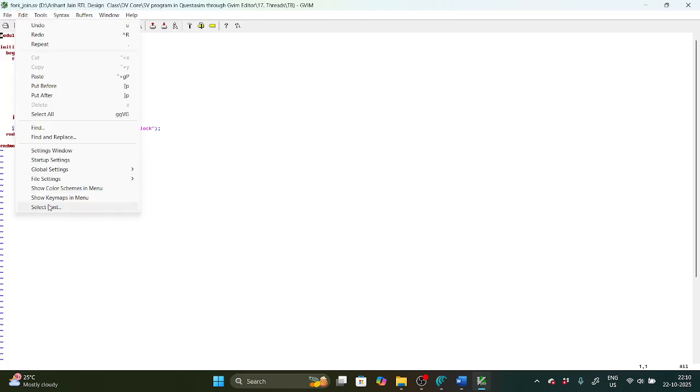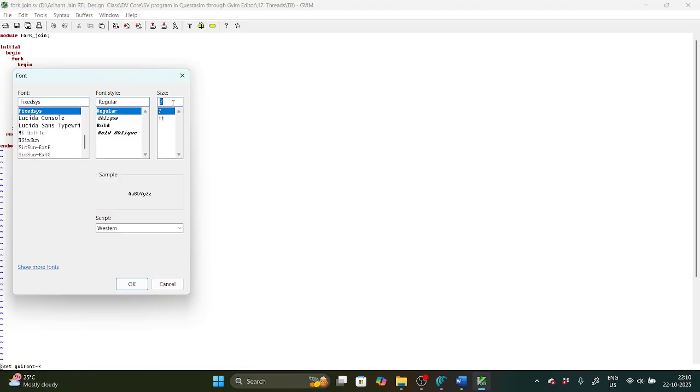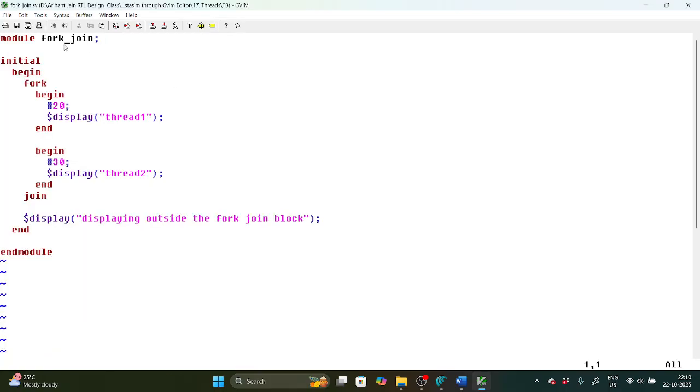If you see, module fork_join, initial begin, fork, begin, hash 20 dollar display thread one, end, and begin hash 30 dollar display thread two, end, and join. Then one more display statement outside the fork join block, end and end module.